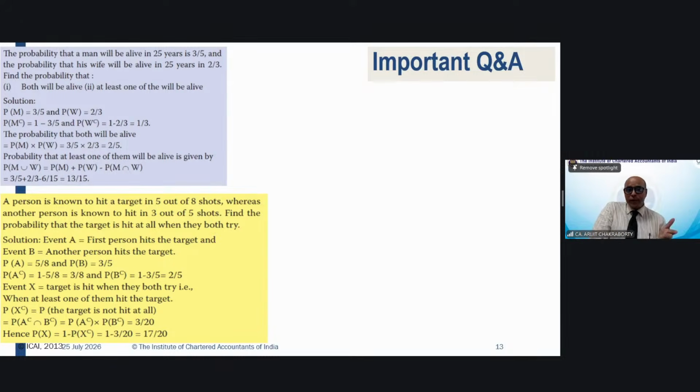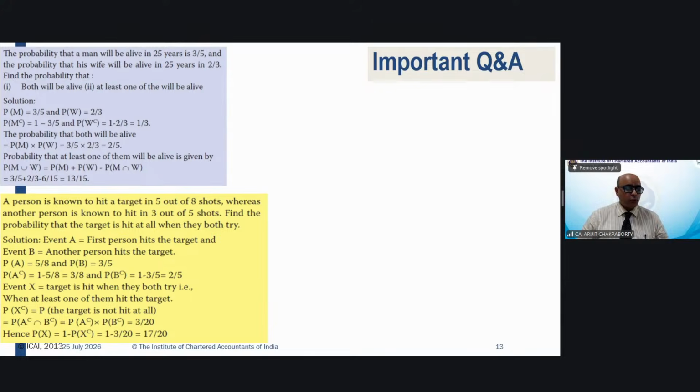So event A is the first person hits the target, and event B is the other person hits the target. P(A) is given by 5 by 8, and P(B) is given by 3 by 5. Now, the question is to find the probability that the target is hit at all when they both try.